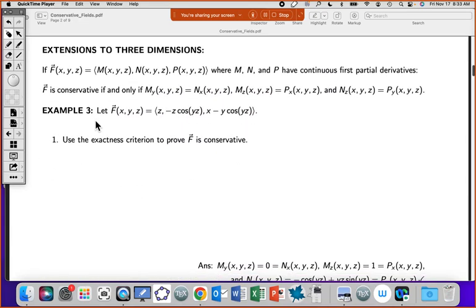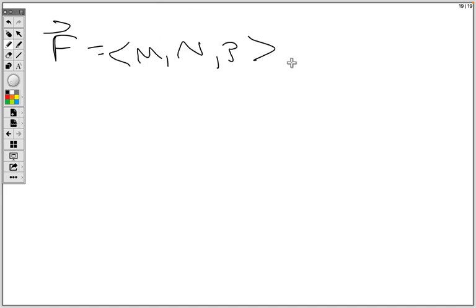Okay, 3 dimensions. So this exact same concept extends over to 3 dimensions. So let's think about it. Let's say you've got a field F with components M, N, and P, and this is supposed to be the gradient of some scalar function.